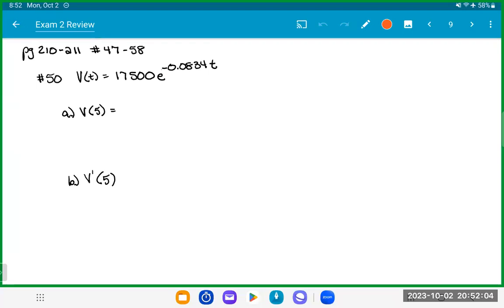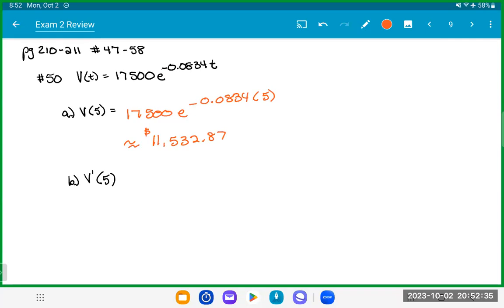So essentially, the first part, we're just taking the 17,500 e to the negative 0.0834 times the 5 years. And so that's going to be a value of $11,532.87.